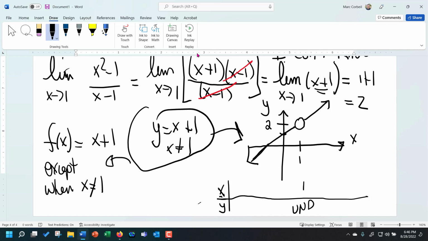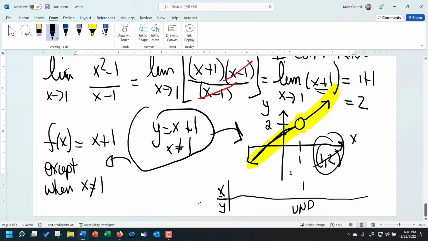Notice as we approach this value from the left and from the right, it is approaching the point 1 comma 2, but not quite getting there. So the point 1 comma 2 is a point that's not actually on this graph. That's a pretty cool way of doing it, and that means we can do some pretty cool analysis.